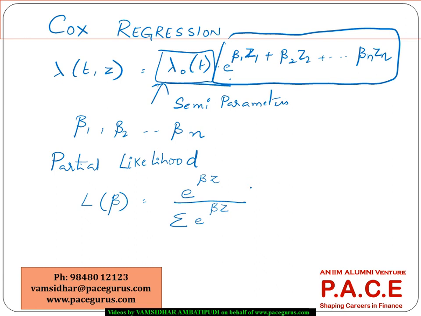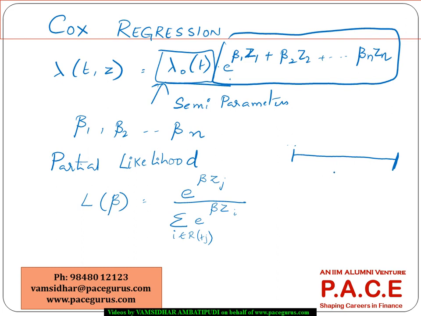What I am trying to specify here is, depending on the set of lives that are at risk before the jth time, I take zj, and in the denominator zi, where i belongs to the risk set R_j. What does that mean? Let me consider the various lives that I am considering as part of my risk analysis.